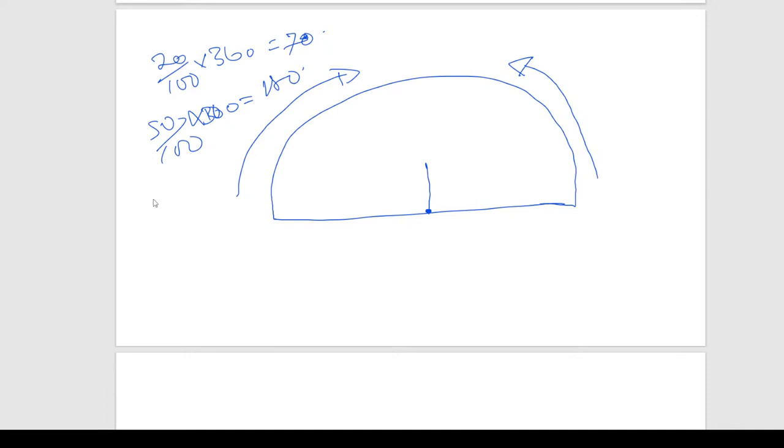Ne? And then we are saying 30 divided by 100 times 360. I'm just giving you, and then you get any figure. Now you draw a circle using a compass, and then when you draw a circle using a compass, you bring your protractor.